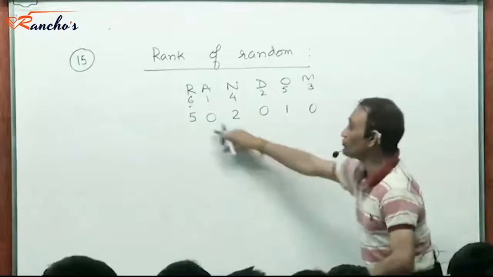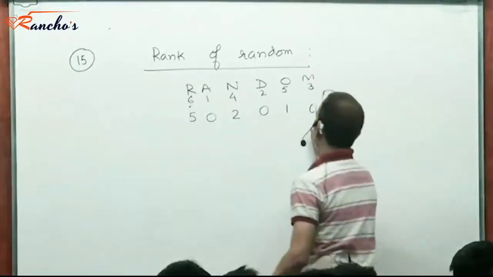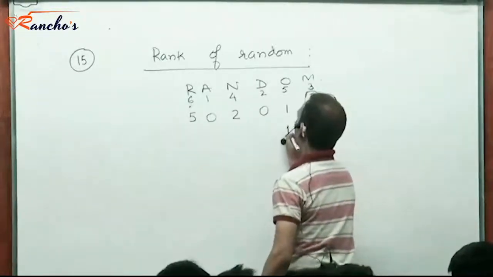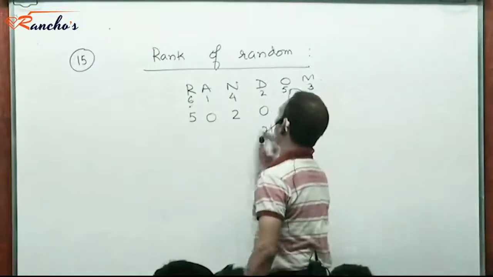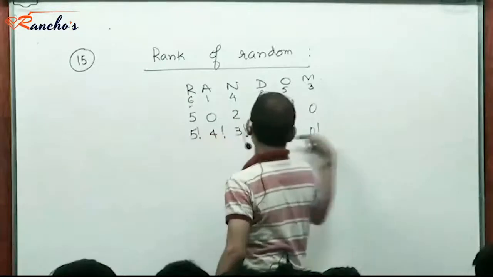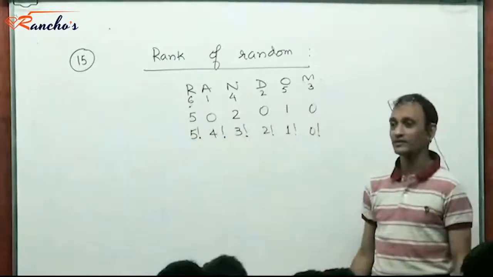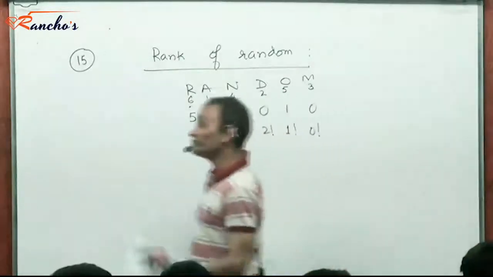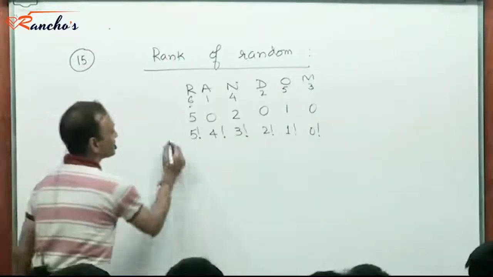Right? Once you have written this, then do the following. Do a 0 factorial here, a 1 factorial here, a 2 factorial here, a 3 factorial here, a 4 factorial here, and a 5 factorial here. Write this 0, 1, 2, 3, 4, 5 factorials. Okay. And we want to figure out the logic independently.